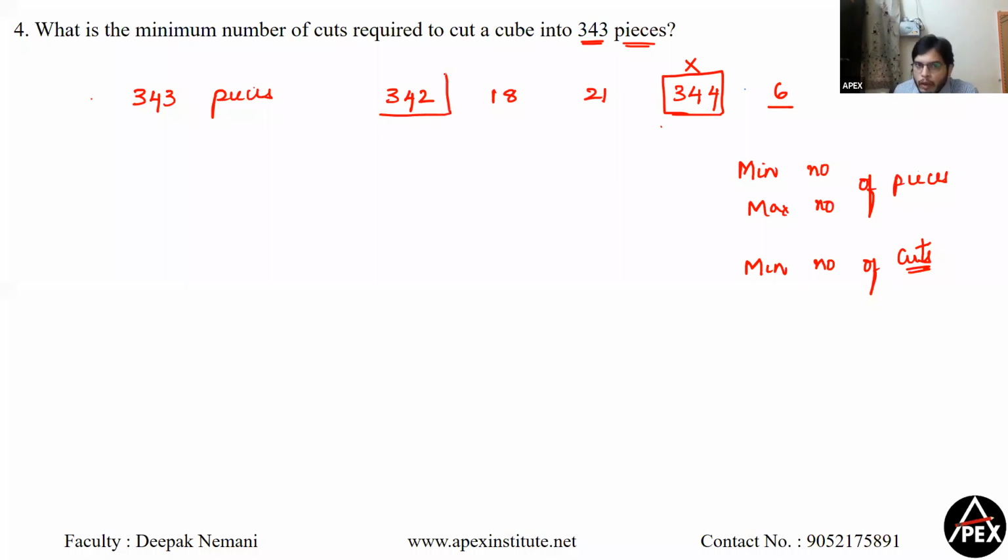Now those who have answered me 342. Now, if I say that these are the minimum number of cuts required to make 343 pieces, then what will be the maximum number of cuts? Or my question is, do we really need to make 342 cuts to get 343 pieces?